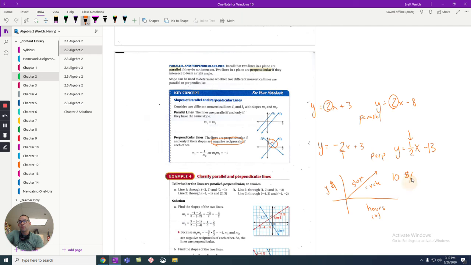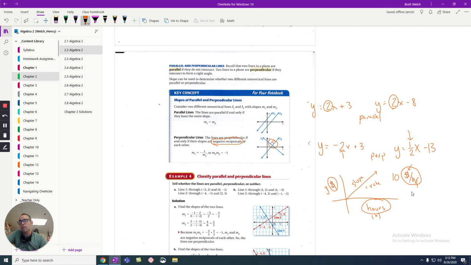$10 per hour. So let's look at where these units come from. Whenever we're doing a slope, this number comes from the y-axis, and it's divided by the x-axis.